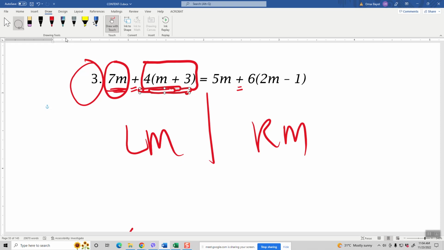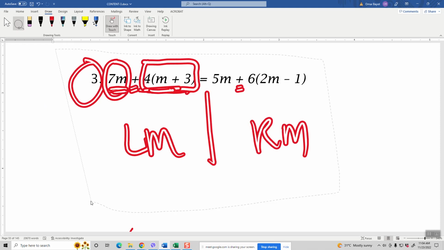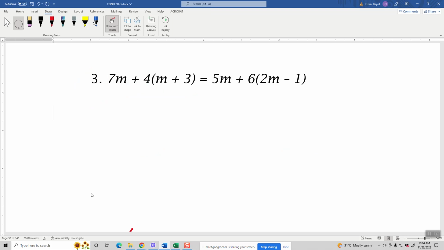Okay? So, first, we need to understand also that these 2 terms here, 7m and this one, 4 times the quantity m plus 3, there are 2 terms here. You notice that this has a multiplication operation. It means to say I cannot add first this one and this simultaneously.